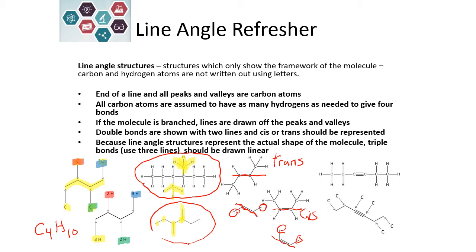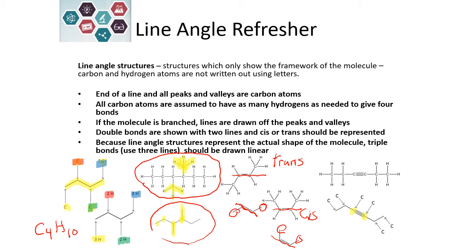If we're drawing triple bonds, remember, we're trying to show the shape of our molecule because a triple bond is linear. When we draw it as line angle, the carbons that are contained in that triple bond need to show that linear structure as well.